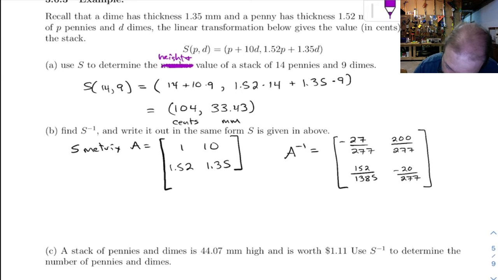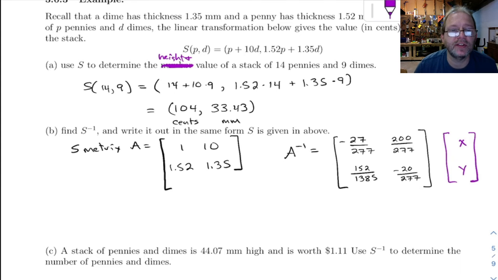And if we want to write this out as an inverse linear transformation, I'm just going to call this x and y here, because it doesn't make sense to call this d and p, because what we're putting in will be like a height and a value.